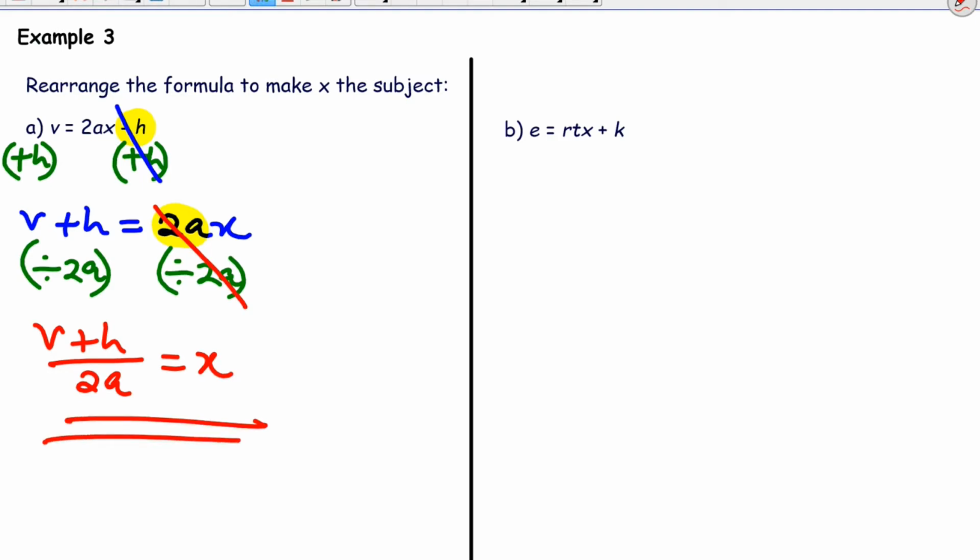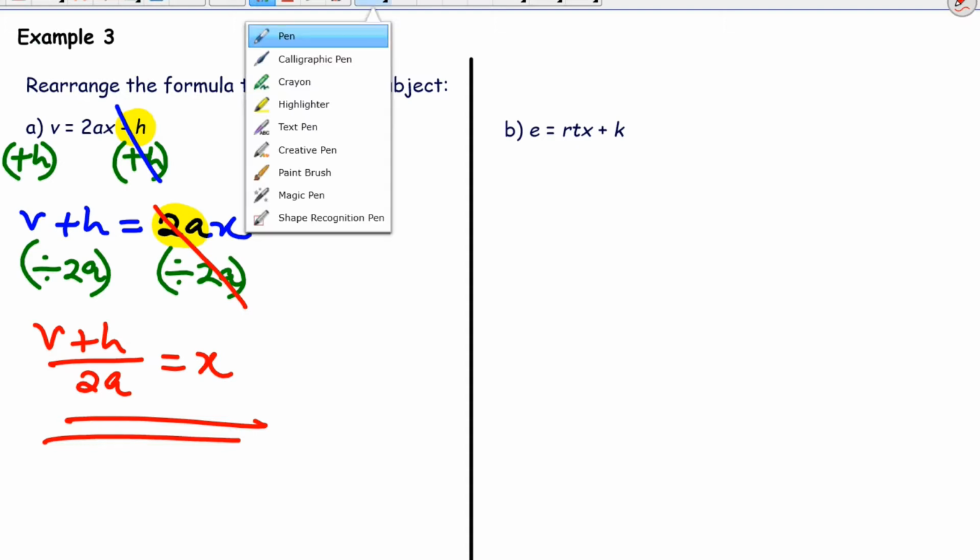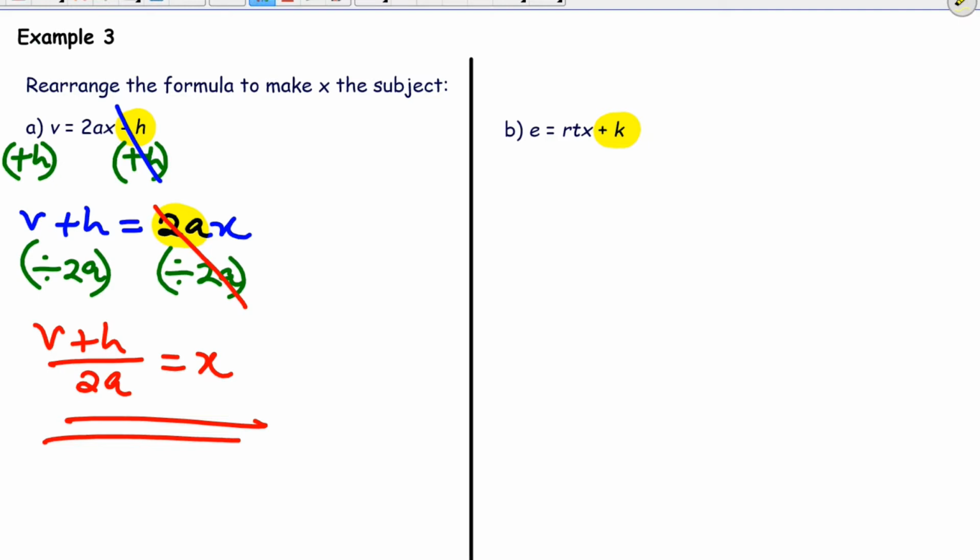Okay, on the right hand side, we shall apply the similar process. We want to be left with x, and you can see that k is added to rtx. So what you're going to do is to subtract k on each side.